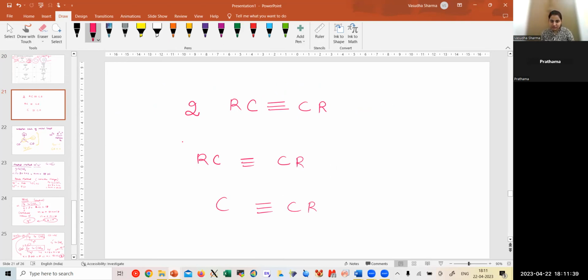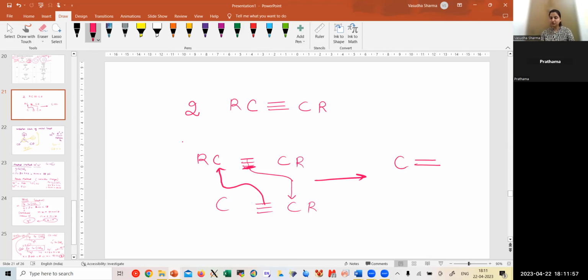Now this bond is a pi bond, and it will go and attack this carbon. Because the number of bonds on the carbon has increased, this pi bond will also go and attack the carbon. So ultimately what will happen?